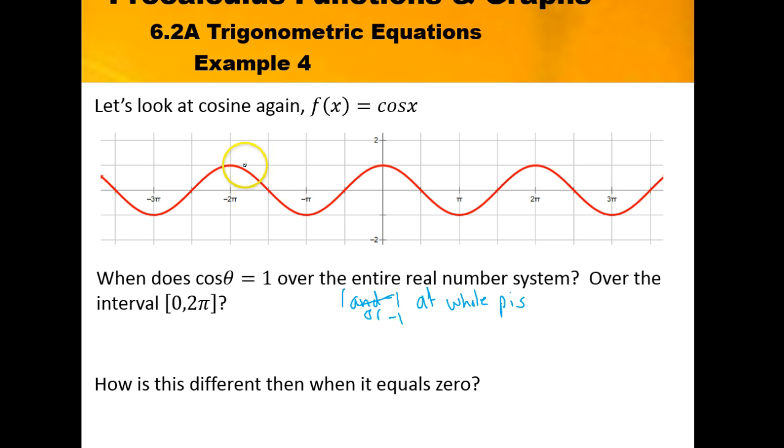So again, it equals 1 here, and then again here, and then again here, and we need to say where it's going to go forever, and then also over the interval 0 to 2 pi, it's going to be at 0 and at 2 pi.